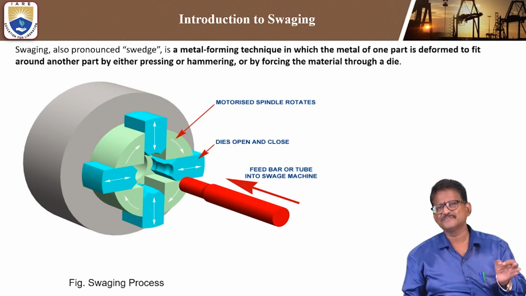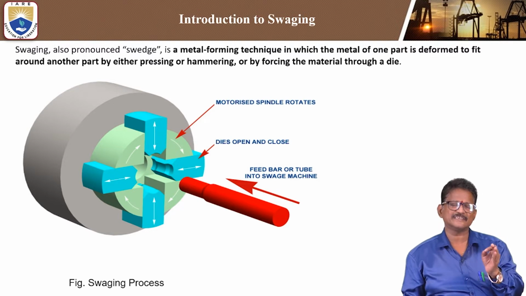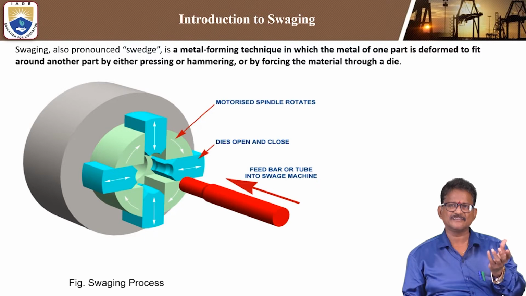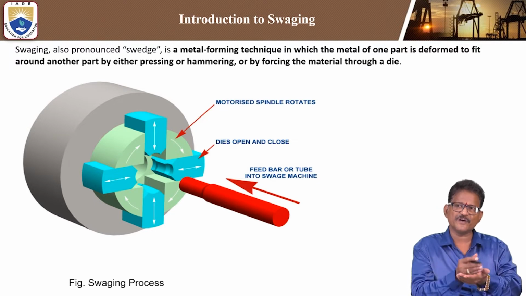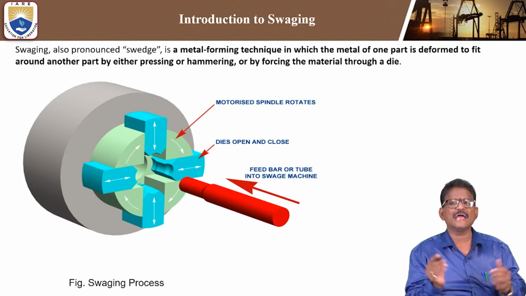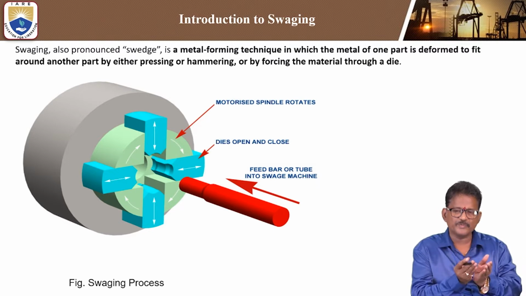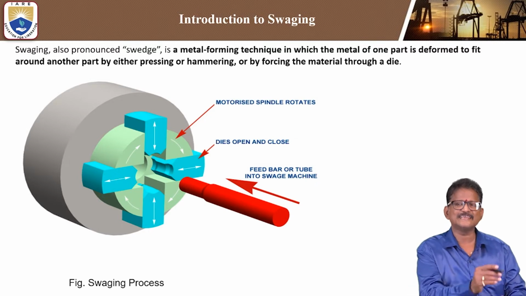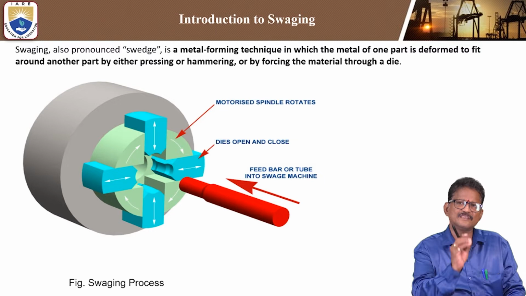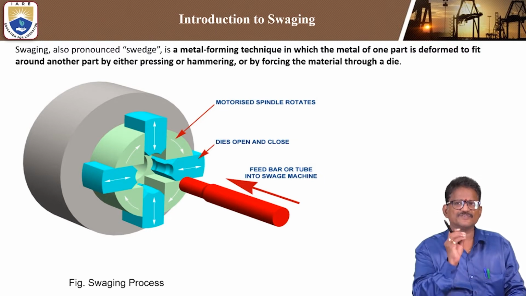The basic principle is like any forging technique, such as smith forging, drop forging, machine forging, etc. Swaging also comes under metal forging. By forcing the material through a die with a small opening, the cross section is reduced and the length is increased. This is the basic introduction to the swaging process.